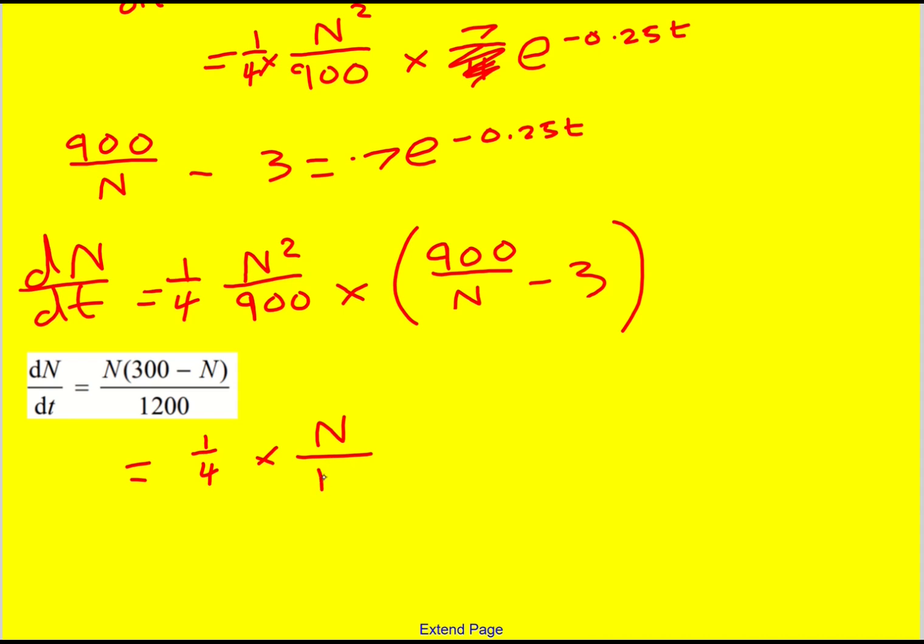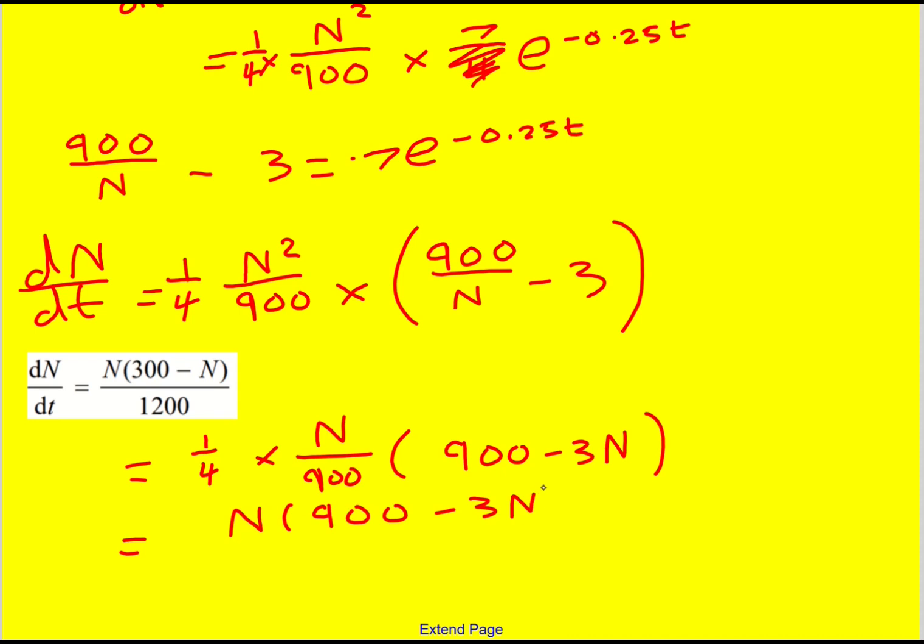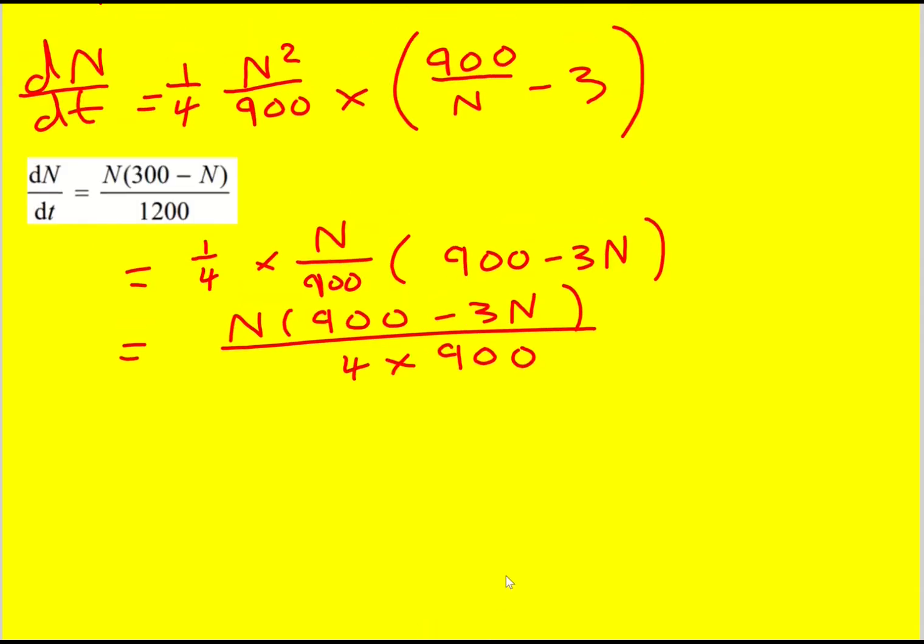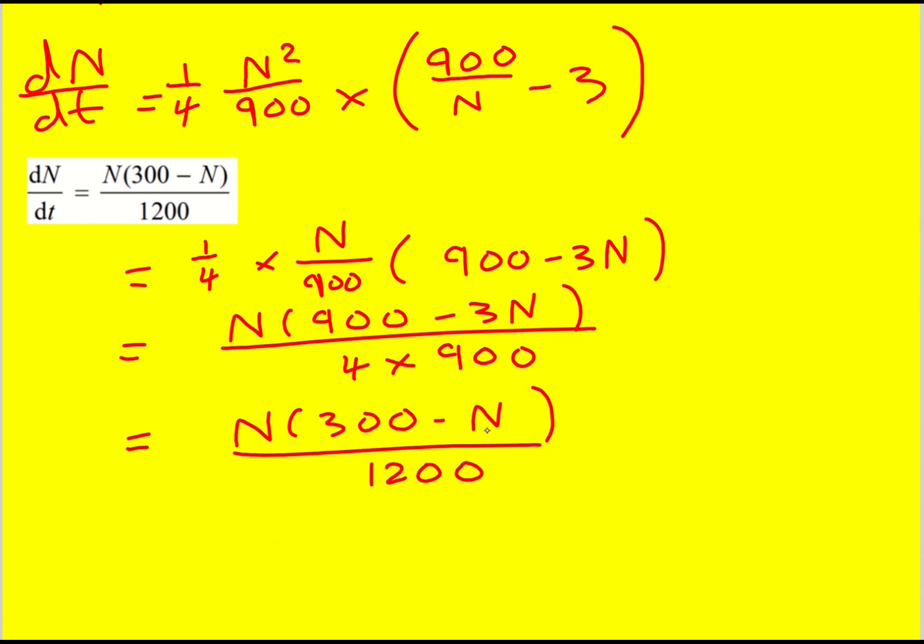Like so, I'm going to have n over 100 and then times by 900 minus 3n. And then I can write n, 900 minus 3n all over 4 times 900, bringing that together. I can divide the top by 3, which will make it 300 minus n. Divide the bottom by 3, which will make it 4 times 300, or 1,200.